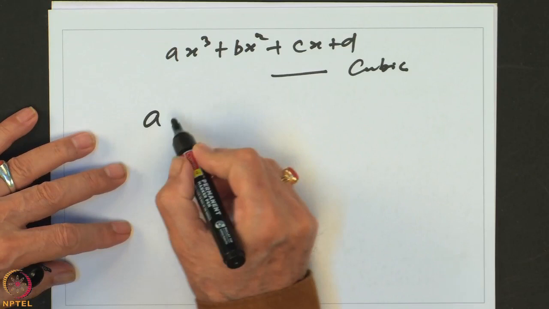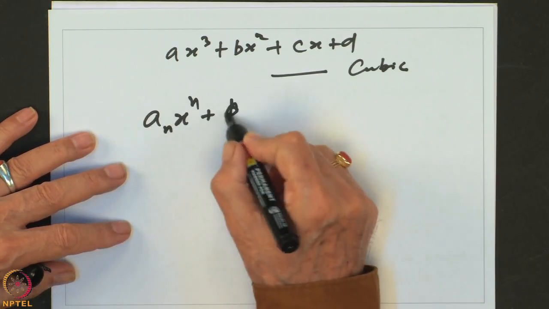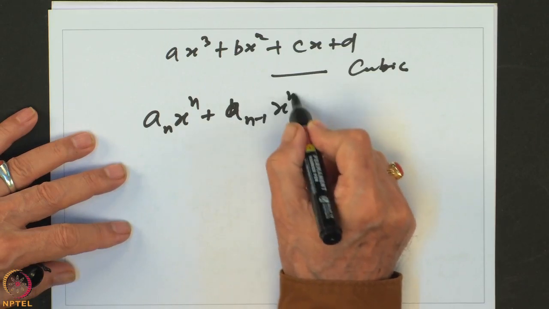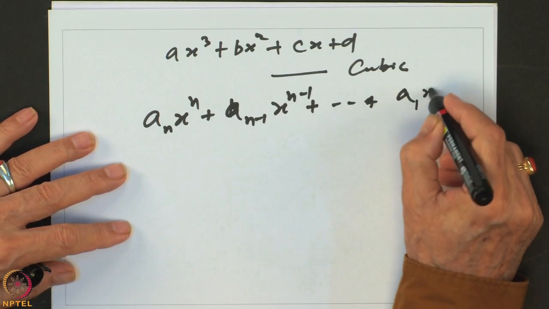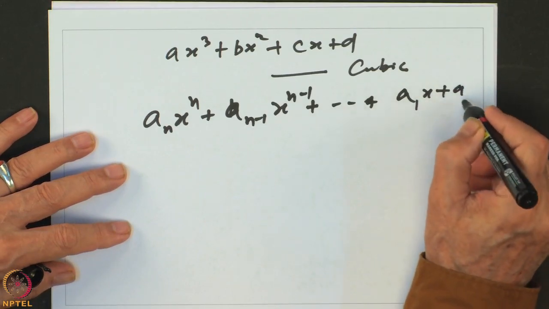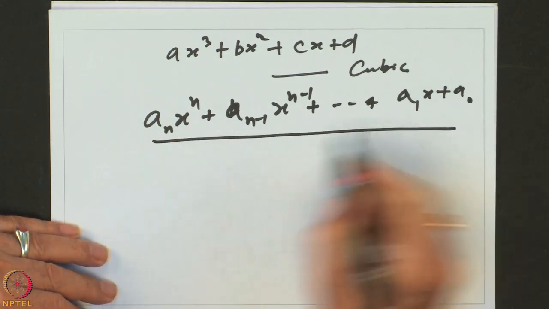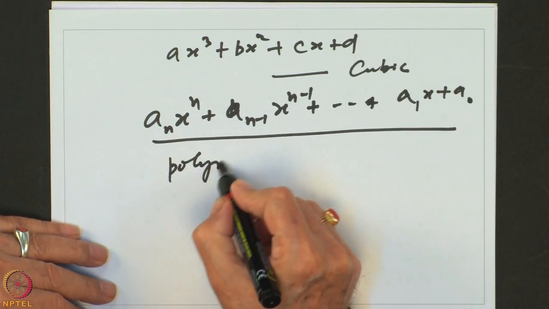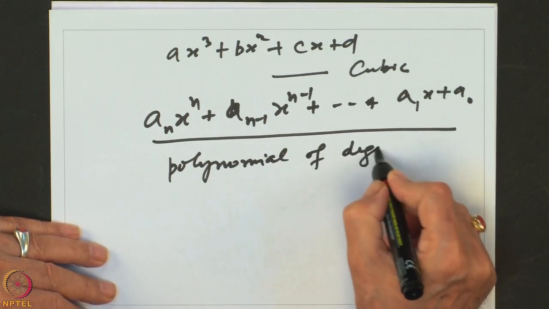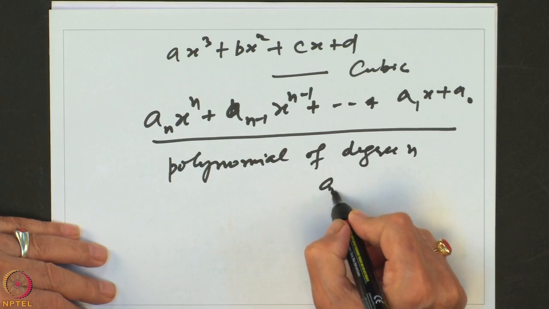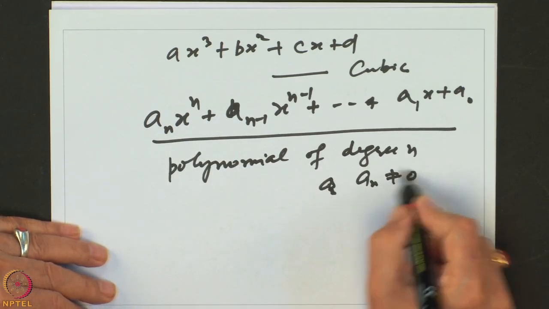In general you will have a n x to the power n plus a n minus 1 x to the power n minus 1 plus so on plus a 1 x plus a 0. Such a thing is called a polynomial of degree n provided this coefficient a n is not equal to 0.